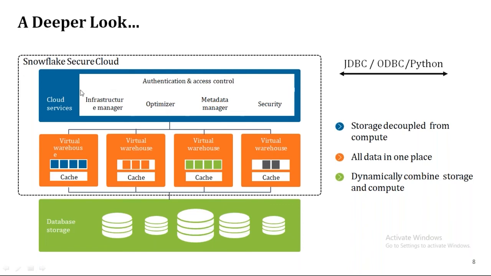Okay, and we have an infrastructure manager here, which takes care of all these things. And we have an optimizer also, which decides whether to get the data from the cache or from the database. So whatever query you give, it will first go to the optimizer. Then the optimizer will decide whether to get the data from the cache or from the database storage.